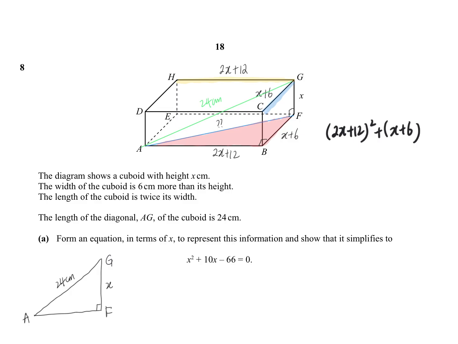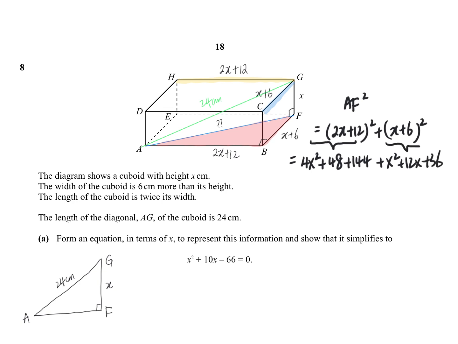So this one will give me AF square. So I go and expand out. You go and do your expansion, 4x squared plus 48x plus 144. This one will give me x squared plus 12x plus 36.